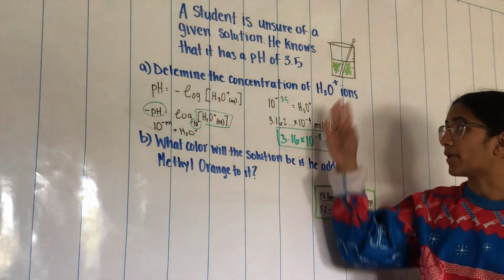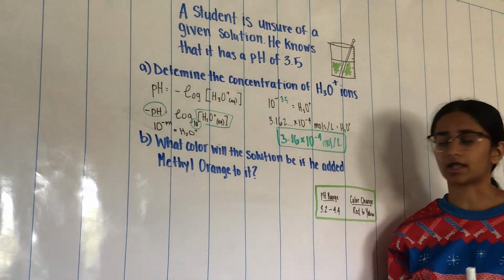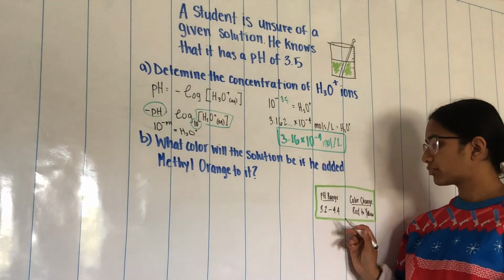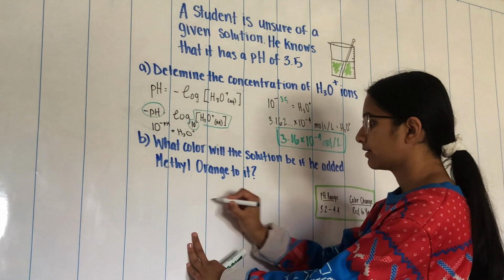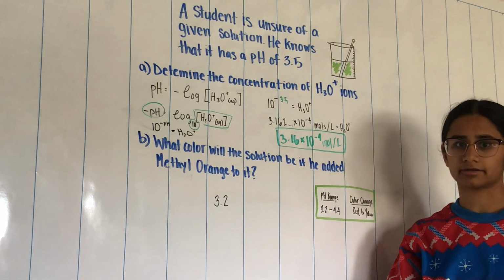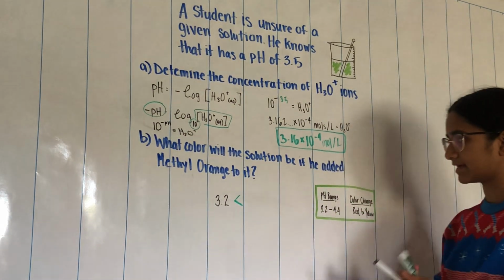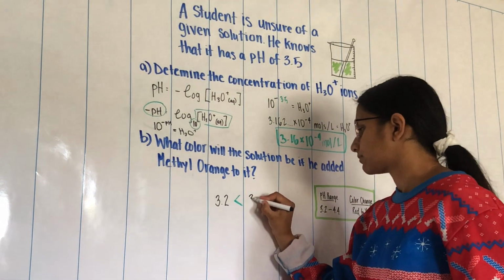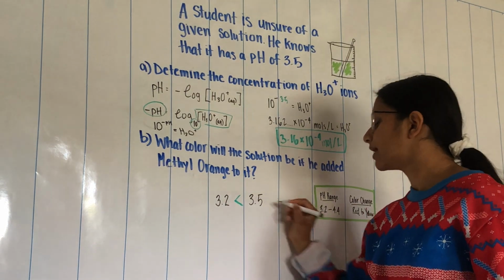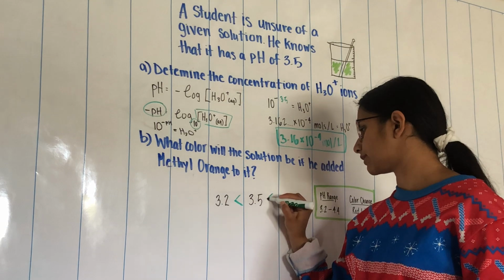Let's distinguish where our pH falls into this range and then find out what color it'll be from there. So 3.2. Our pH is greater than 3.2. So let's just put that sign there. However, our pH is still less than 4.4.